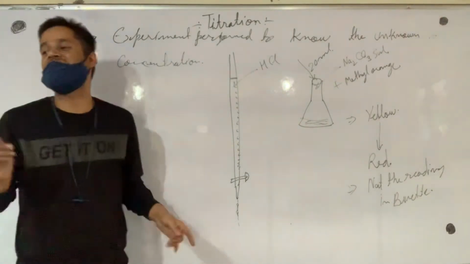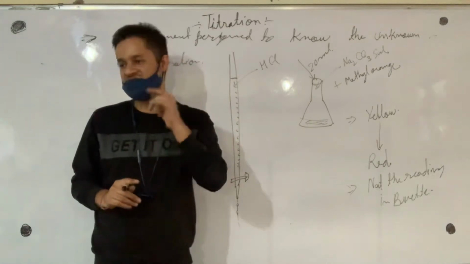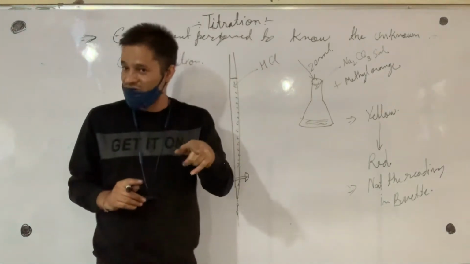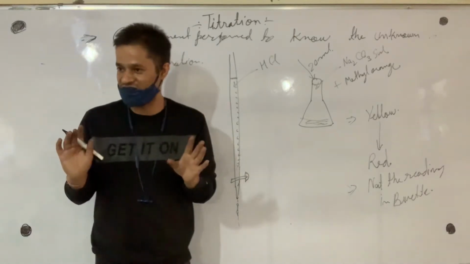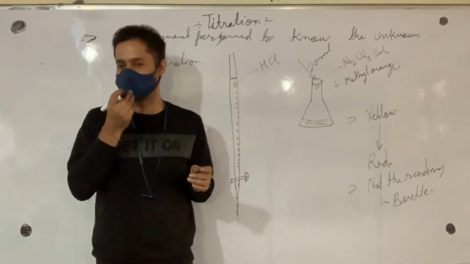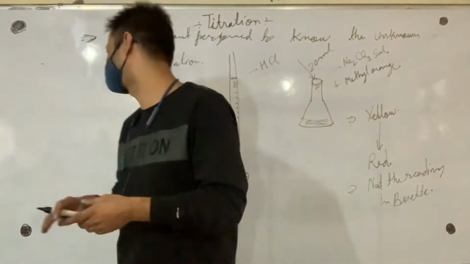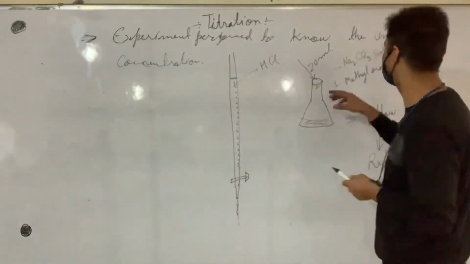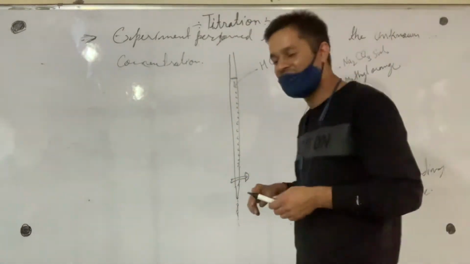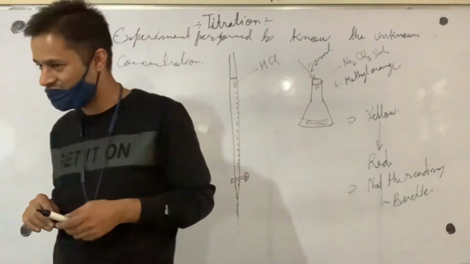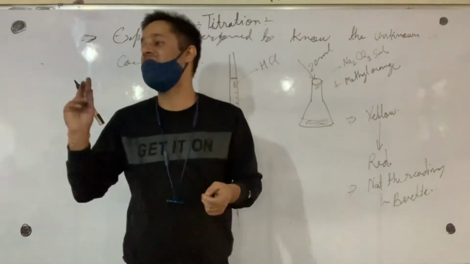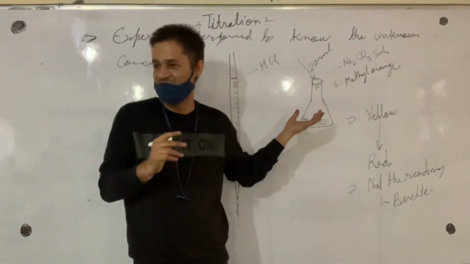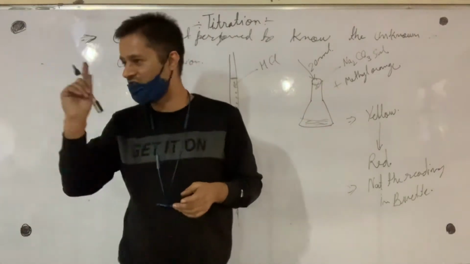Okay. In the question, what is given? As I told you, one concentration is known. In the question it will be given like 2.65 gram of sodium carbonate is dissolved in 500 ml of water. And the strength is also given in gram per liter, how many grams of sodium carbonate are there in 1 liter.